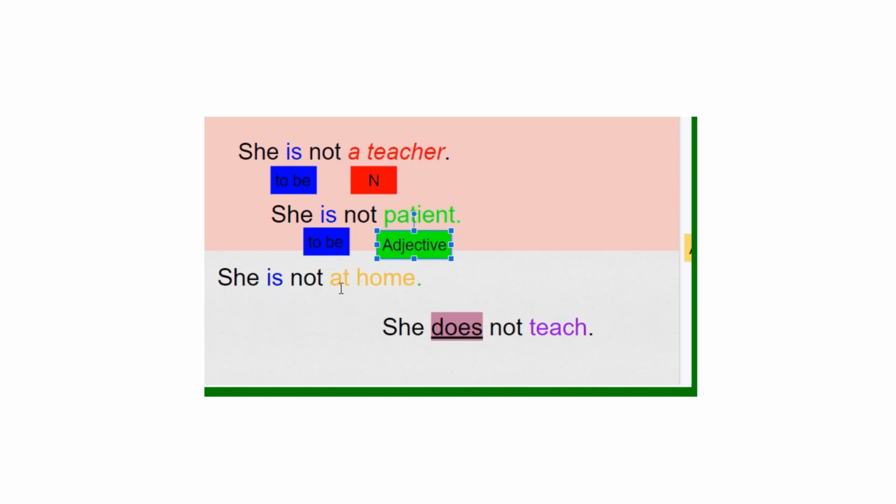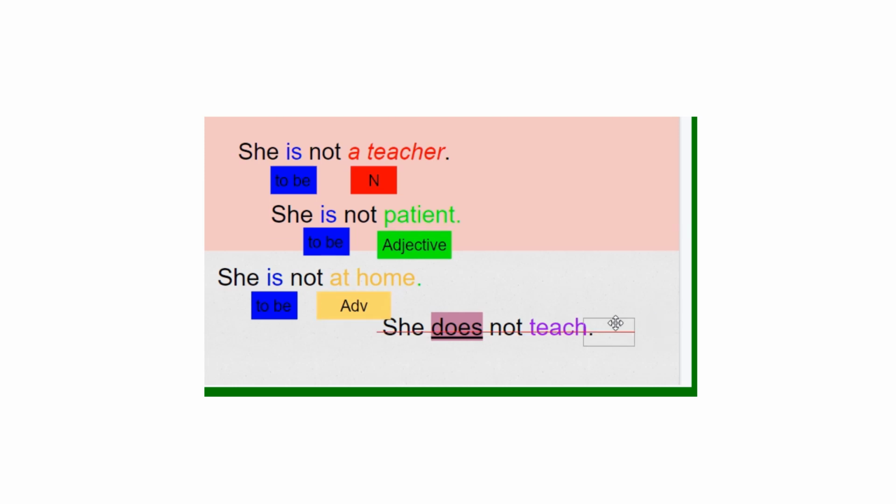Kemudian she is not at home. Is di sini adalah to be. Dan at home adalah, masih ingat tadi apa? Ya, adverb atau keterangan. Sedangkan pada kalimat terakhir, she does not teach. Masih ingat tadi teach apa?